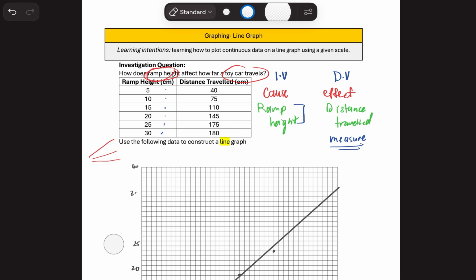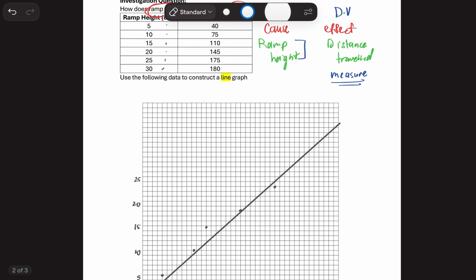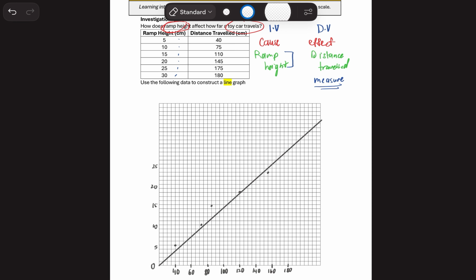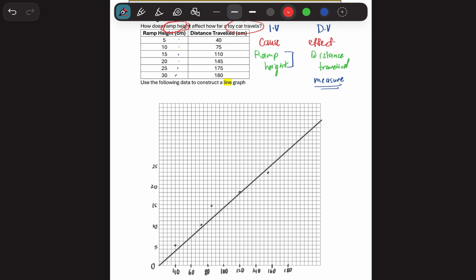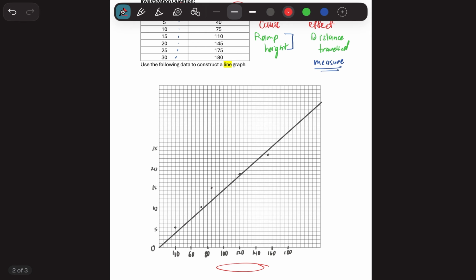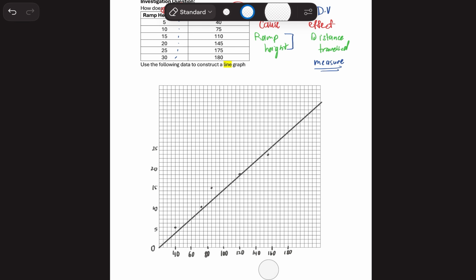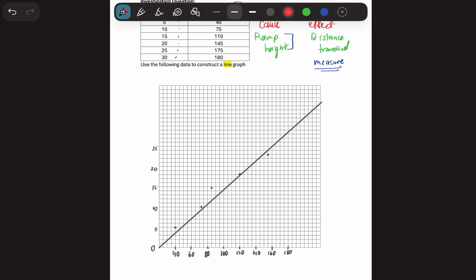All right, let's move along from that. So you've identified your independent and dependent variable. That helps us with marking this question. So this student, which I have made up, I made a bunch of mistakes in this one just so you notice. If you look at this graph, you think, all right, looks great, looks like a line graph. But you really have to get into the nitty-gritty of it.